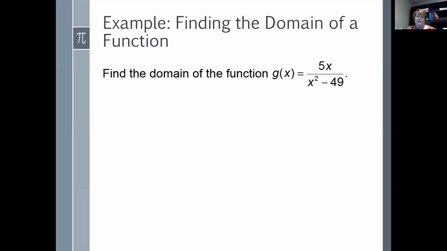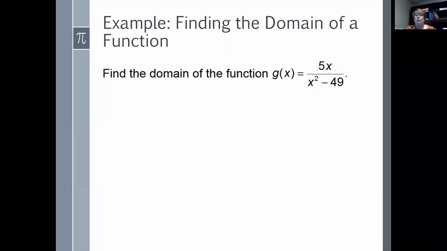The denominator of this function is x squared minus 49. So are there values that I can replace for x that would cause that denominator to equal 0? And the answer is yes. There are two numbers that if I plugged them in for x, I would get 0 in the denominator. And that would be 7 and negative 7.